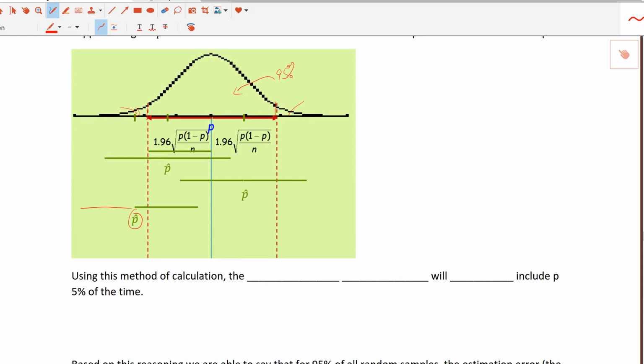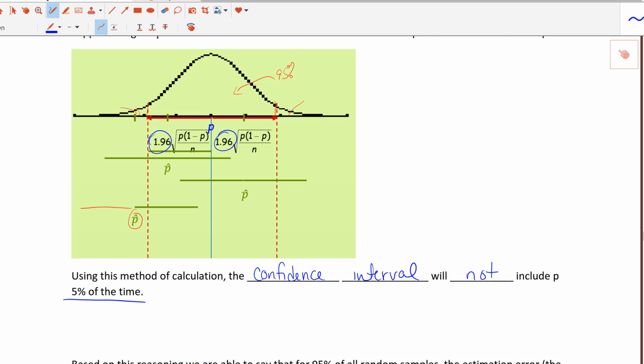So using this method of calculation, the confidence interval will not include P, the actual population value, 5% of the time. So this number was created because we wanted the actual value of P to fall in our confidence interval 95% of the time.